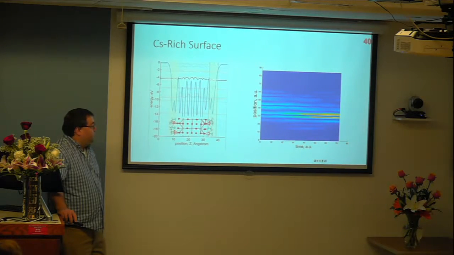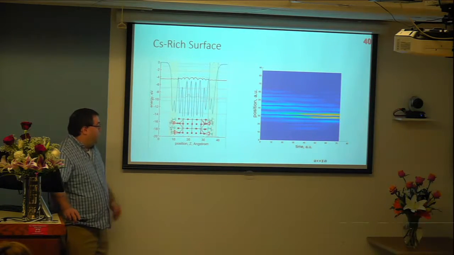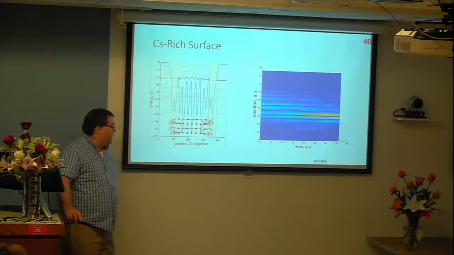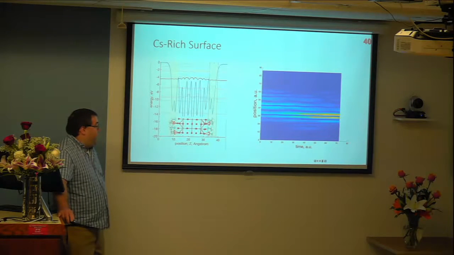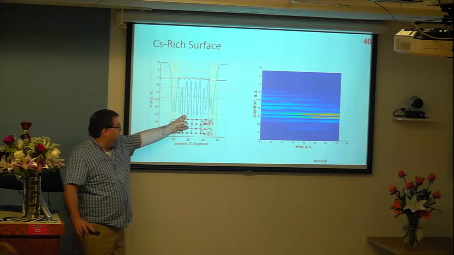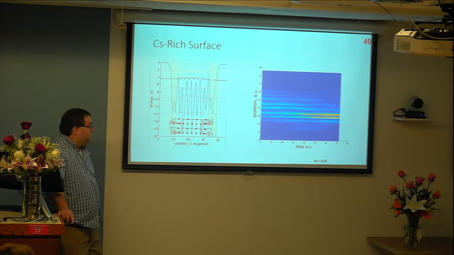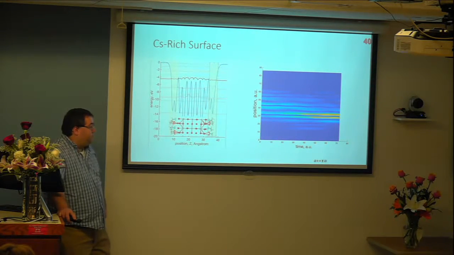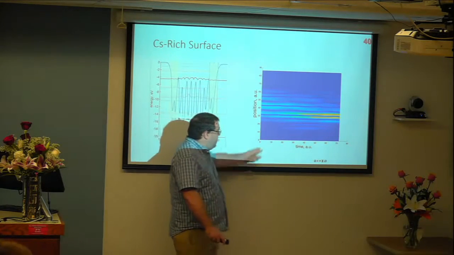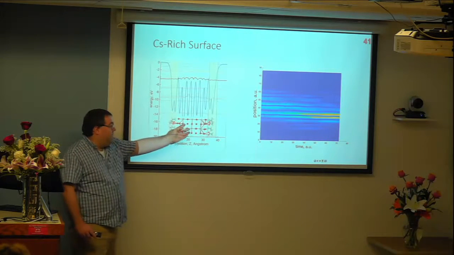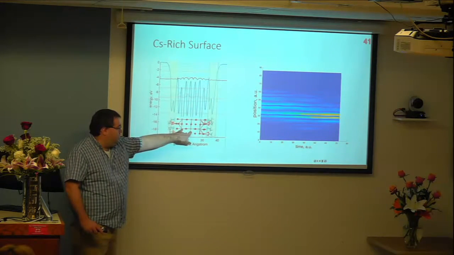For the cesium-rich surface, we also see the deep wells being on the lead atom, or the lead layers, and the ligands and the cesium layers are also similar in size again. And then we also see that in these ones the electrons are moving toward the lead wells here.